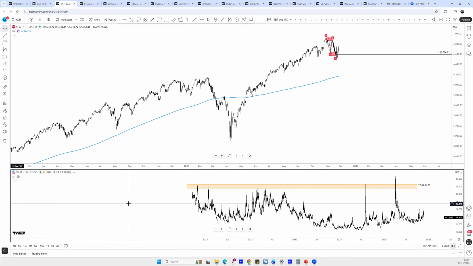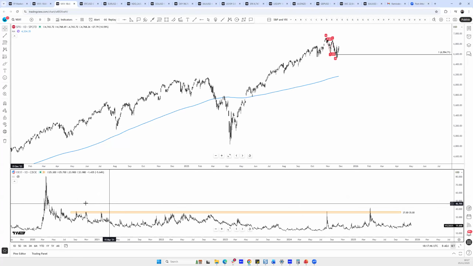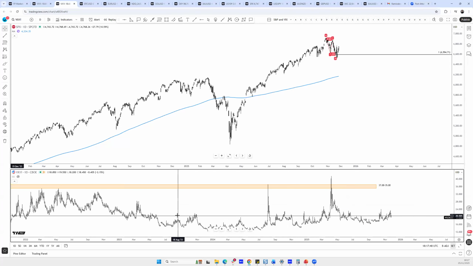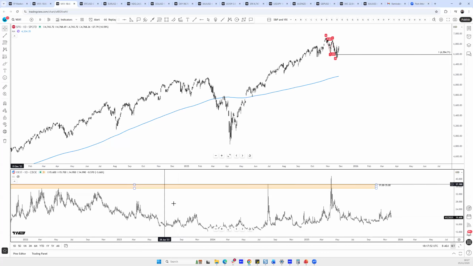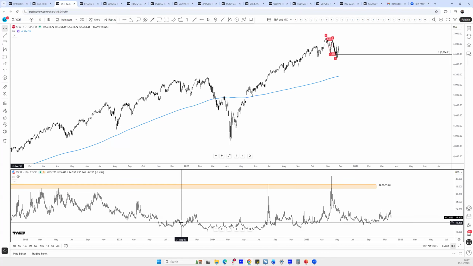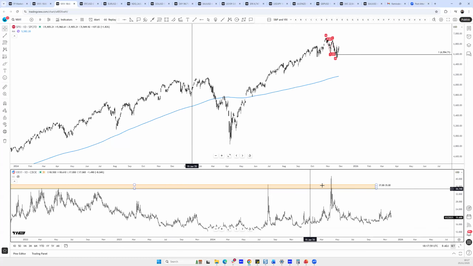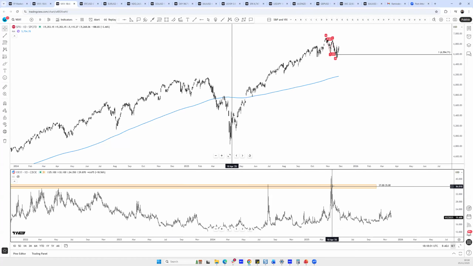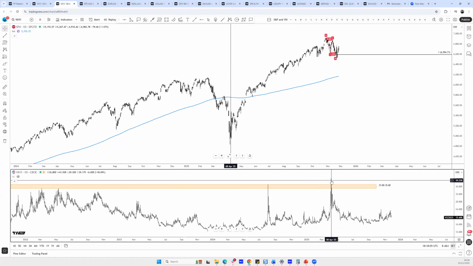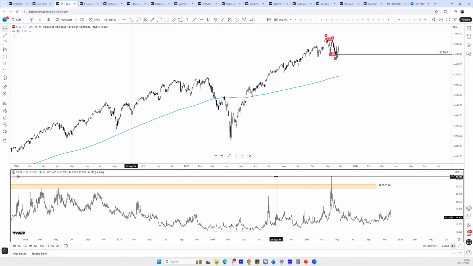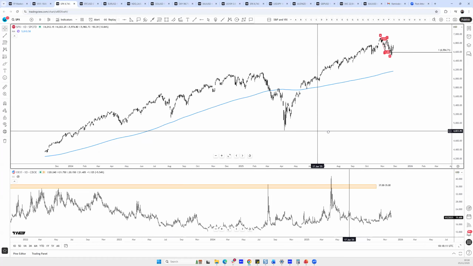Something I do use often is I apply traditional resistance and support areas to derive overbought and oversold conditions on the VIX. So I knew once price hit this level, we were considered quite overbought or quite overstretched to the upside in terms of volatility.